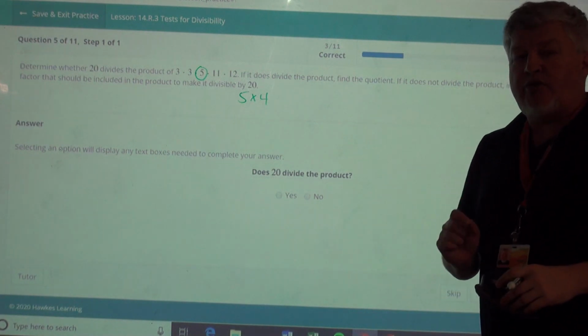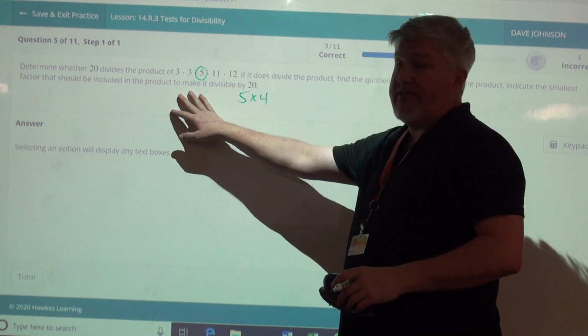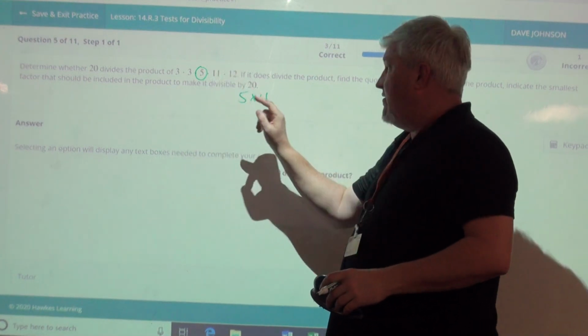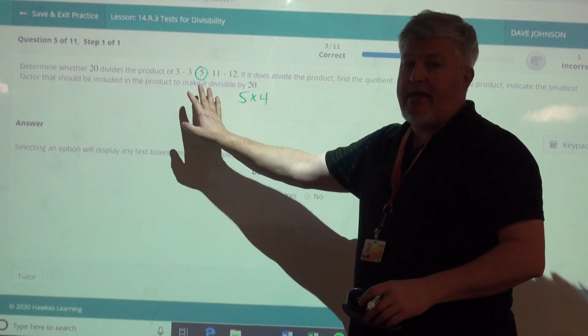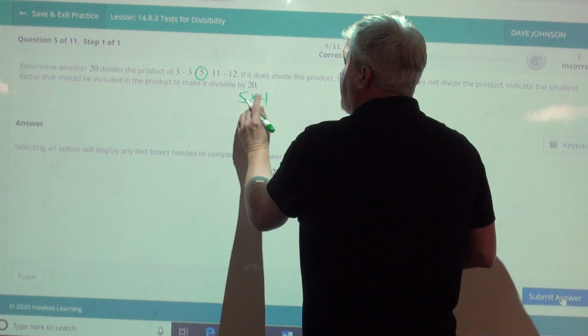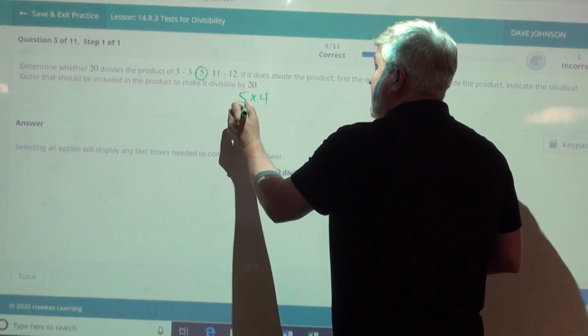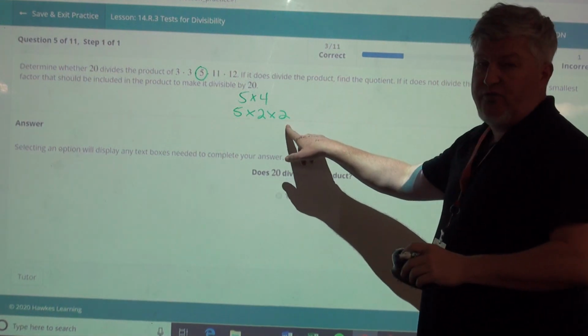Here's where it gets a little bit more tricky. There's no 4 here, so right away you're saying, no, I don't think it is. And you'll be right. But remember, it says what is the smallest factor that should be included to make it divisible by 20? Notice this. 5 times 4 can be rewritten as 5 times 2 times 2, because 2 times 2 is 4.